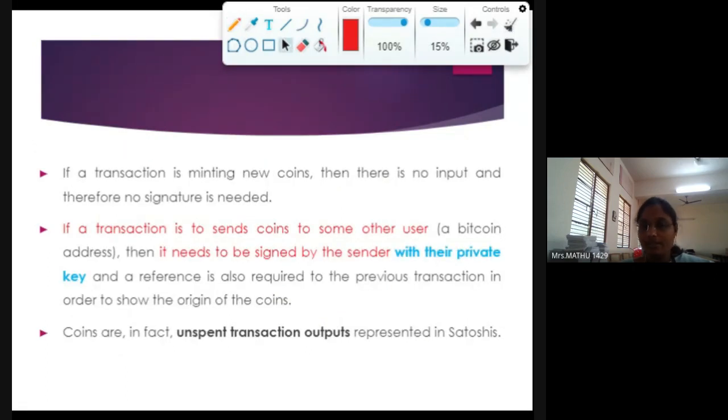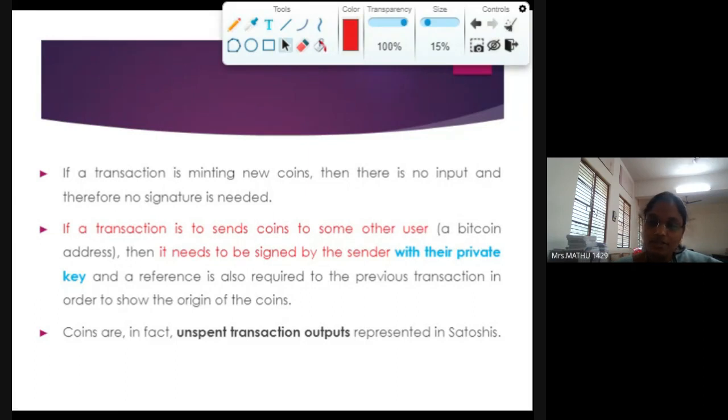When you are creating new coins, there is no need for an input, or for a signature along with that coin. But if you are going to send Bitcoins to another user or another Bitcoin address, then you have to sign it using your private key. We have studied a lot about private and public keys.